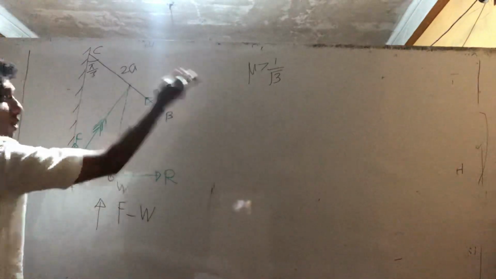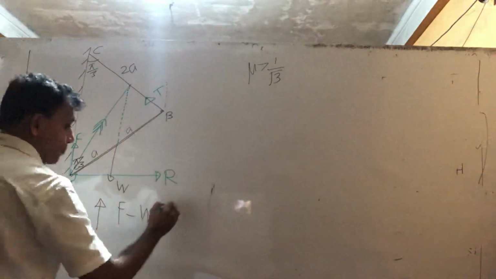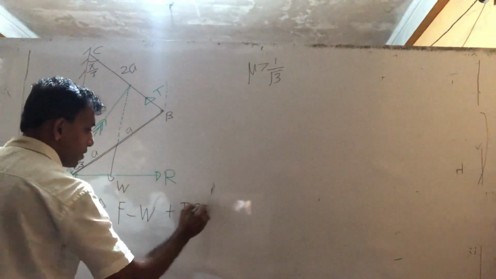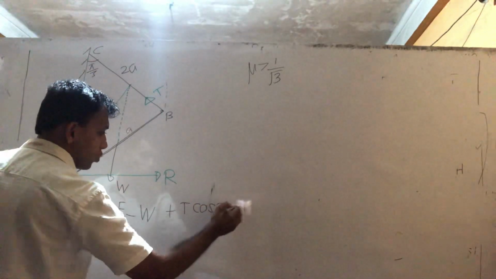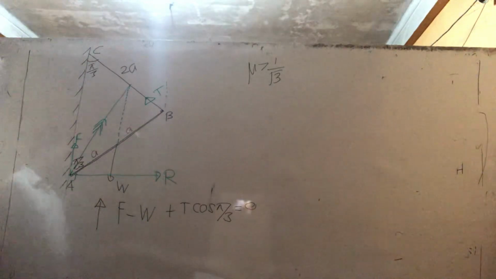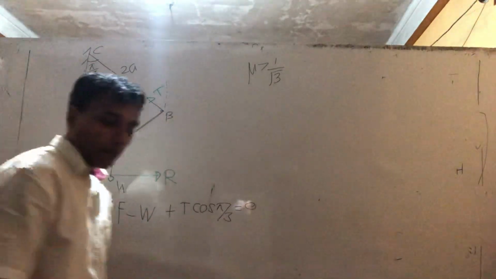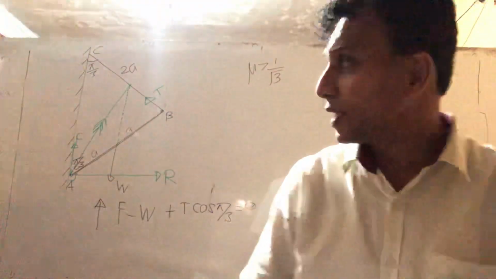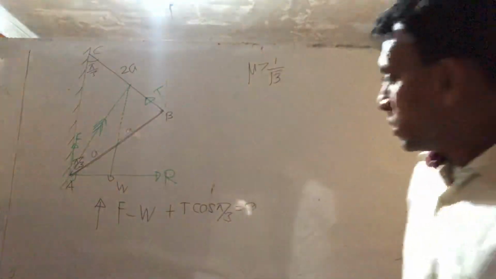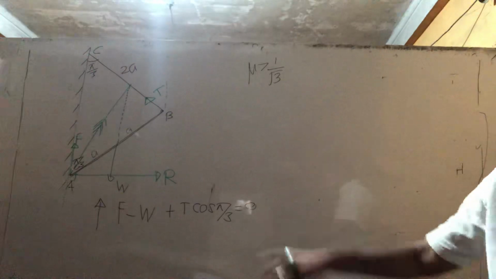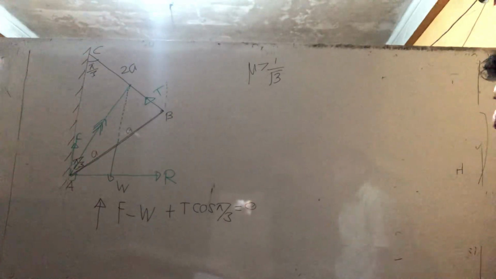T cos pi by 3, right? Upward, plus T cos pi by 3, equal to 0. Your first equation. F upward, W only down, then the T component T cos pi by 3. Okay, then you can get one equation here by solving this.